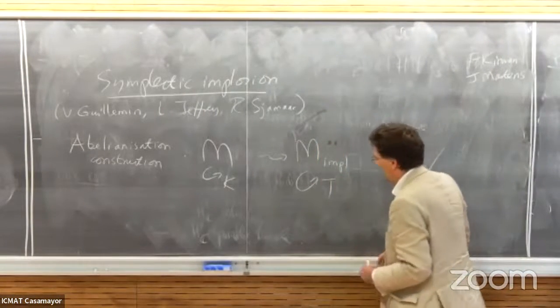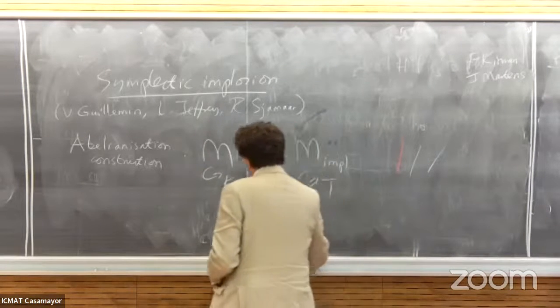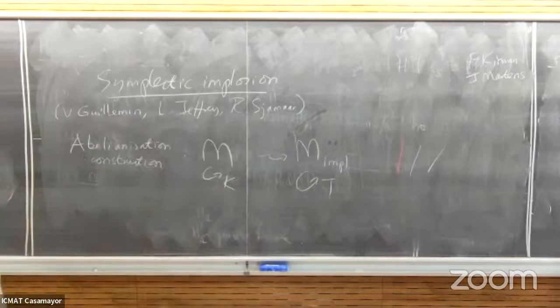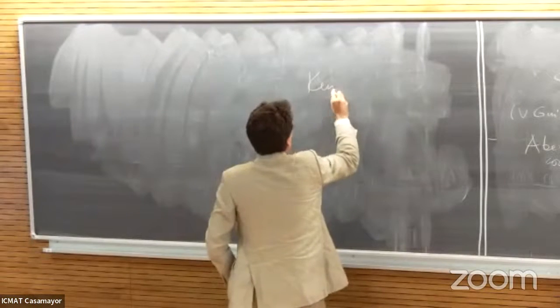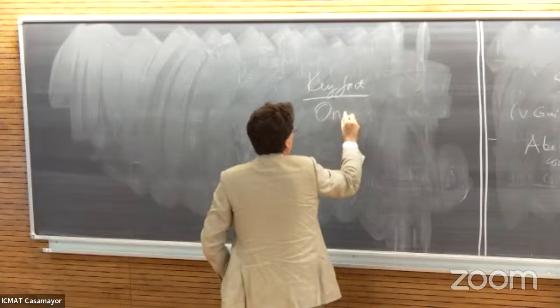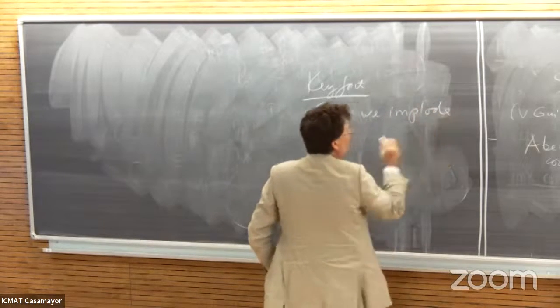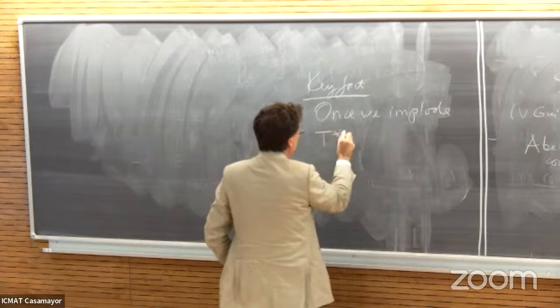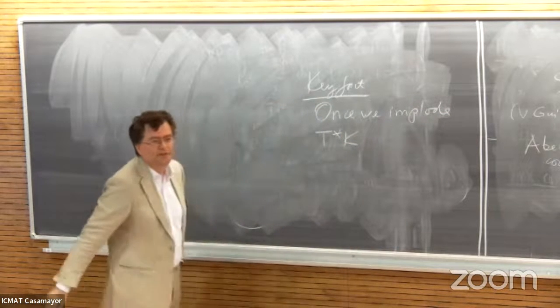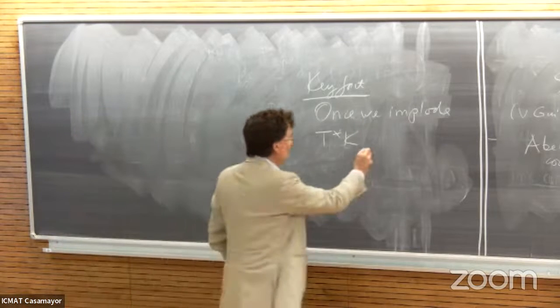The key idea here, which is going to be very relevant to the Moore-Tachikawa picture, is that once we've figured out this construction for the symplectic manifold, the cotangent bundle of K, then we can do it for everything.